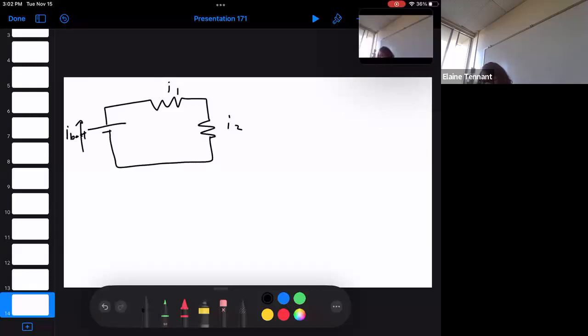What can you tell me about the current through 1 versus the current through 2? They need to be equal to each other, right? And that's not necessarily because those things are resistors, it's because they're all on the same wire. So it's not that you could have 10 electrons going through there and only have 9 electrons going through there. If 10 electrons go through one, 10 electrons go through the other.